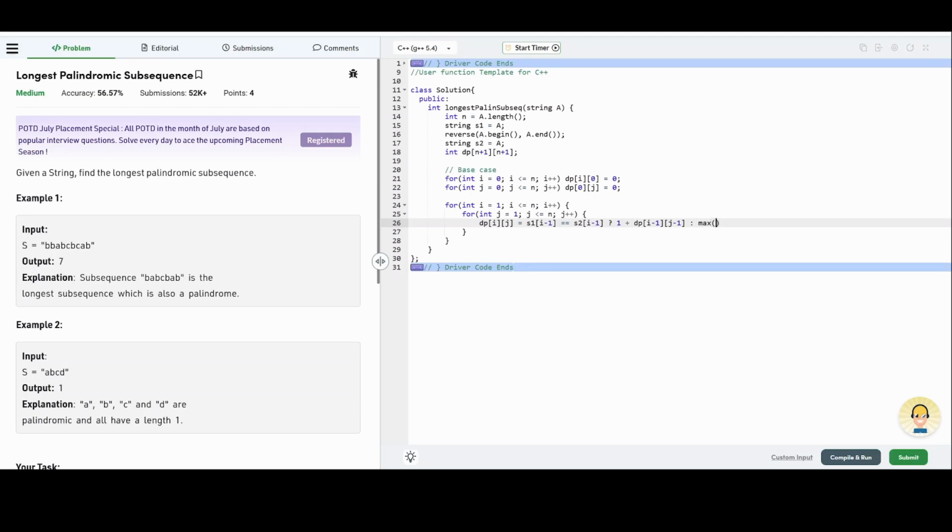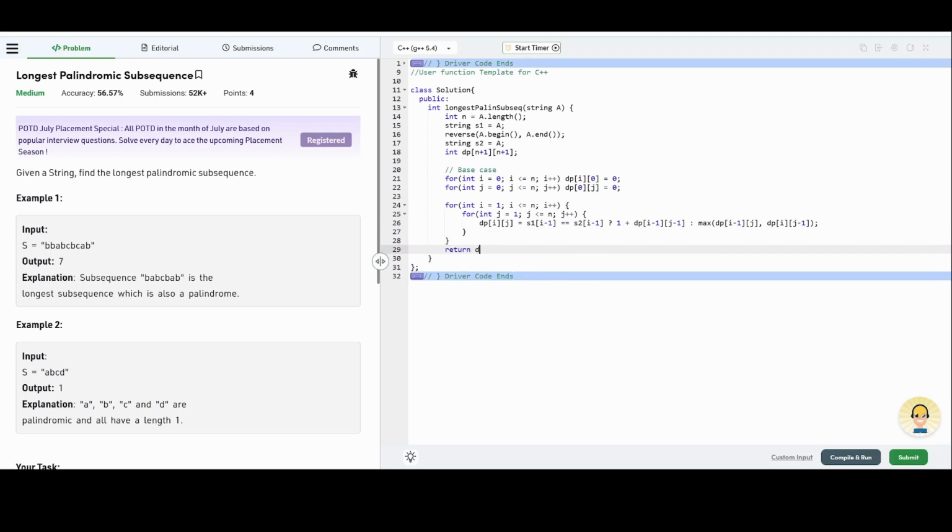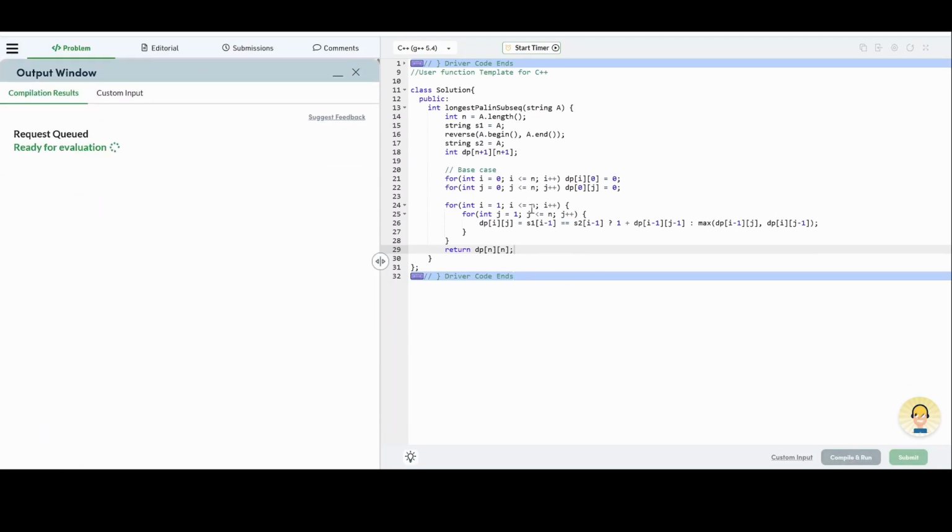Otherwise it will be the maximum: either we remove the last character from the first string or we remove the last character of the second string. And finally we are returning the answer when the first string is of length n and the second string is also of length n. That should be it.